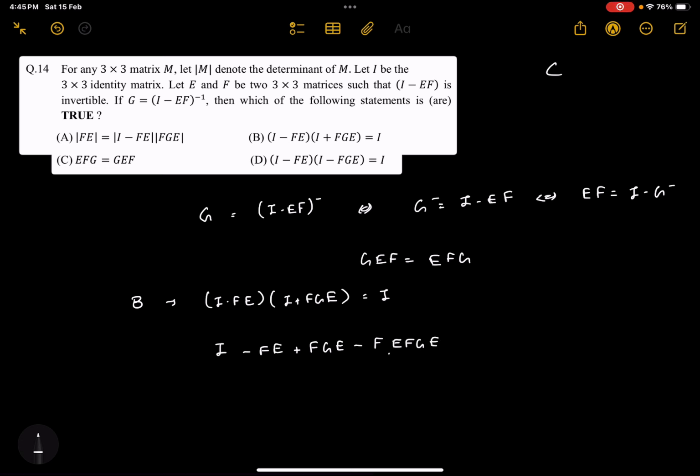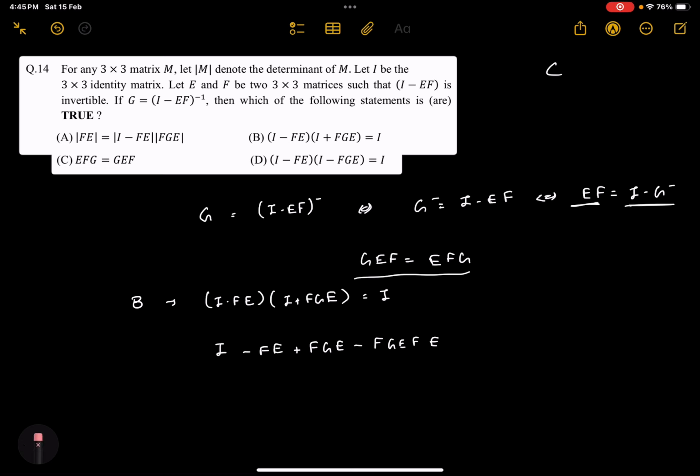So this EFG, from this I'll write this as GEF, and I'll write EF as I minus G inverse.